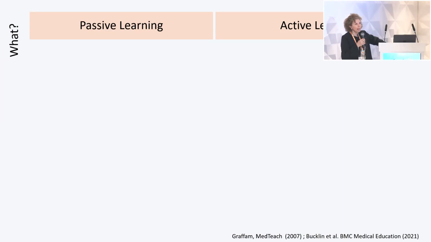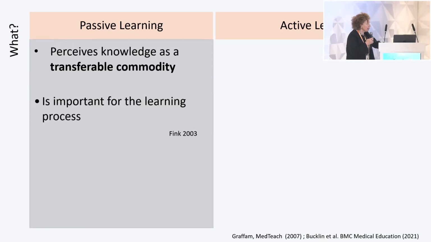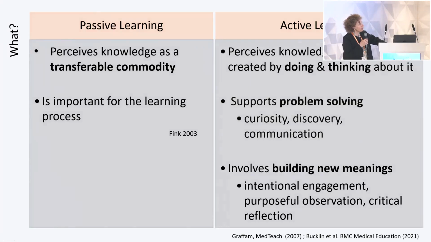Passive learning is by no means unimportant. It is important for the learning process and perceives knowledge as a kind of transferable commodity, something that we transfer to others, our experience and expertise. Active learning looks at learning as an experience that, as Professor Pranesh emphasized earlier, is built not only by hearing and doing, but also by reflecting on what is being done.